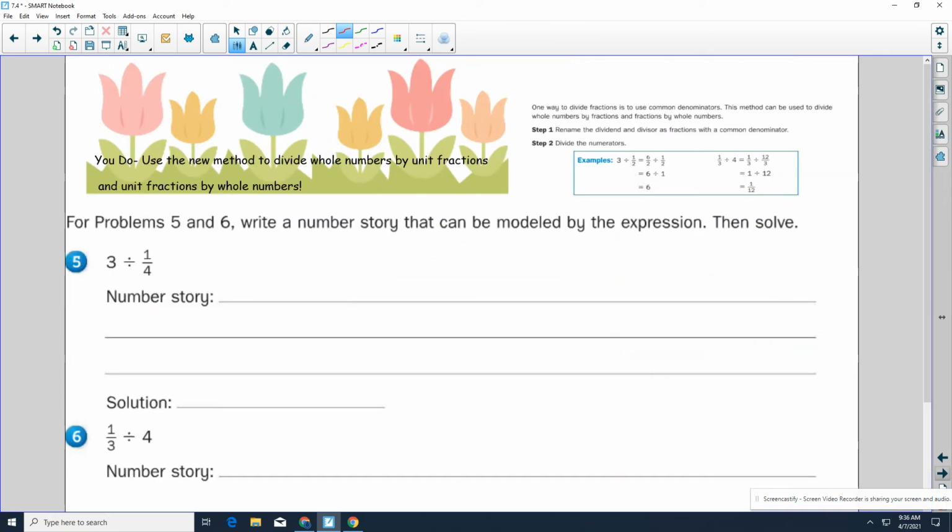Okay, so you should have worked on problems 3 and 4 on your own. Now, on problems 5 and 6, write a story problem that can be modeled by the expression and then solve. So you're taking the first number, that's your whole amount of something.